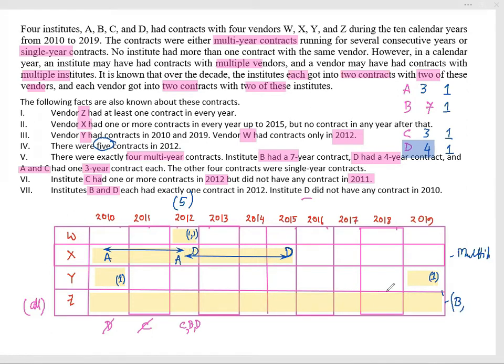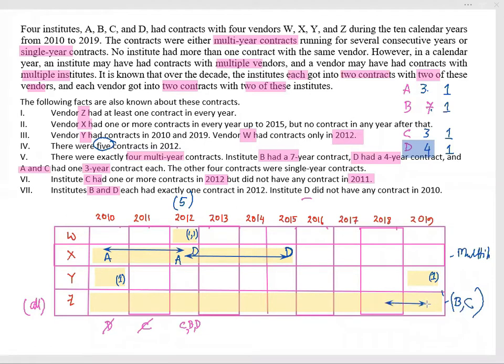Now after that, 2 multi-year contracts will be for Z. One is B, another is C, since I have already done D, A, B. C cannot be from the start, because then 2011 would be for C. So C needs to be at the end.